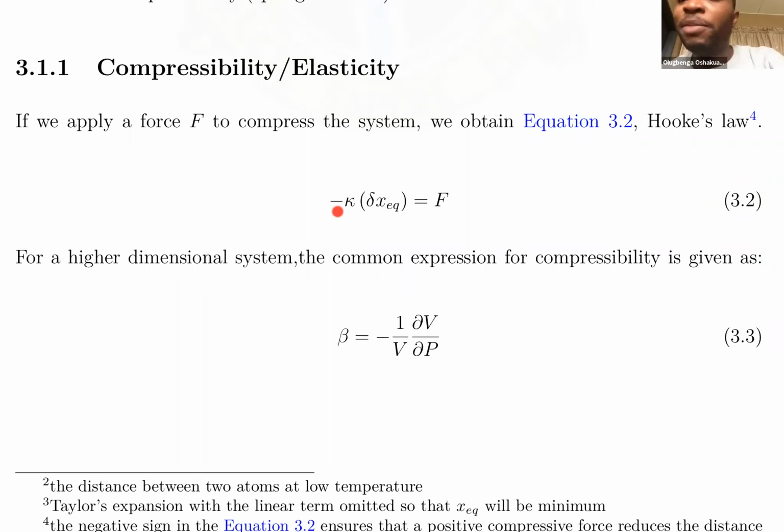So for a higher dimensional system, we are talking about 1D, but for higher dimensional systems, the compressibility will be given as equation 3. And in equation 3, you'll notice that we have broken the rule of this topic, which is we have brought in volume. In the 1D world, there is nothing like volume. It's only length that we have.